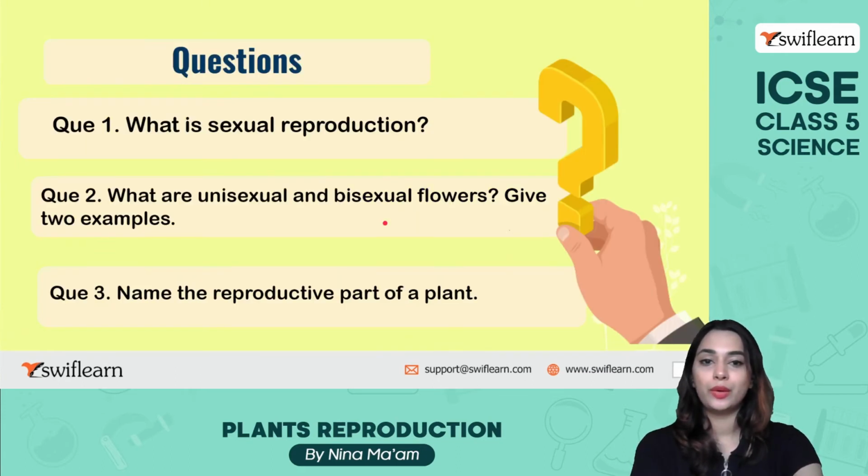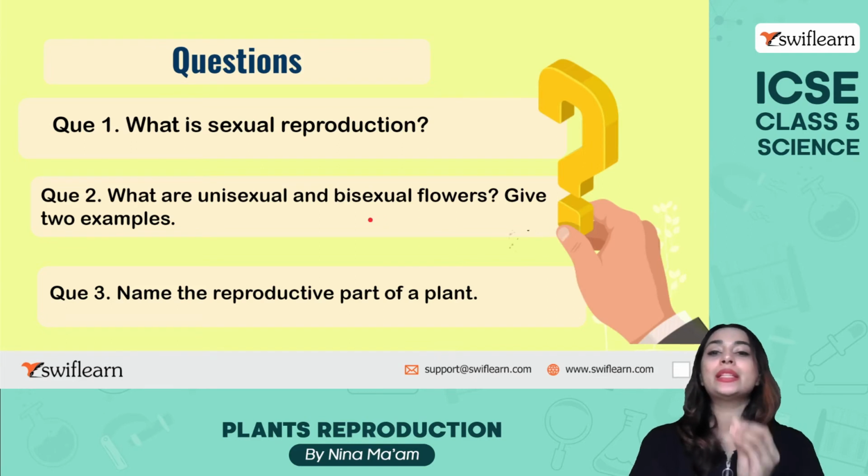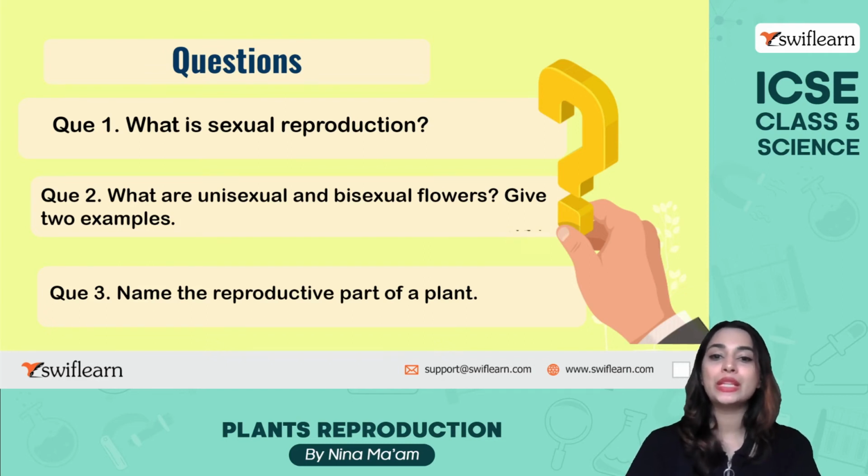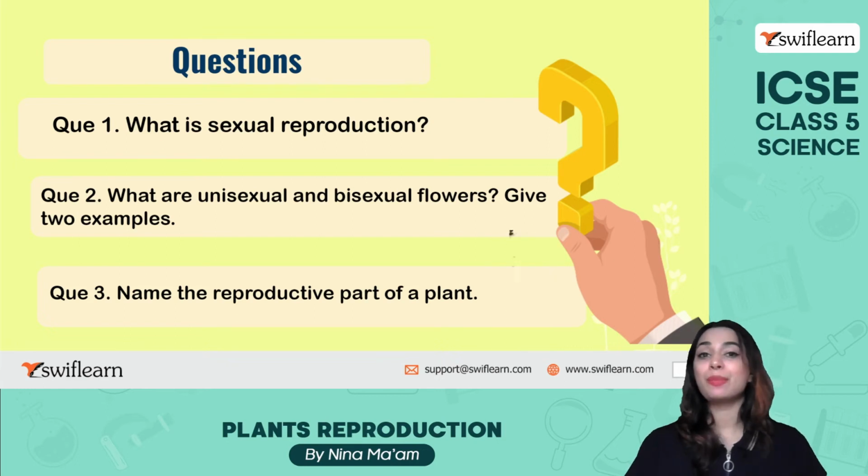And here we go. So what is sexual reproduction? Do you know? Sexual reproduction is when a plant is produced with the help of the seed. So what are unisexual and bisexual flowers? Give two examples. Do you remember?